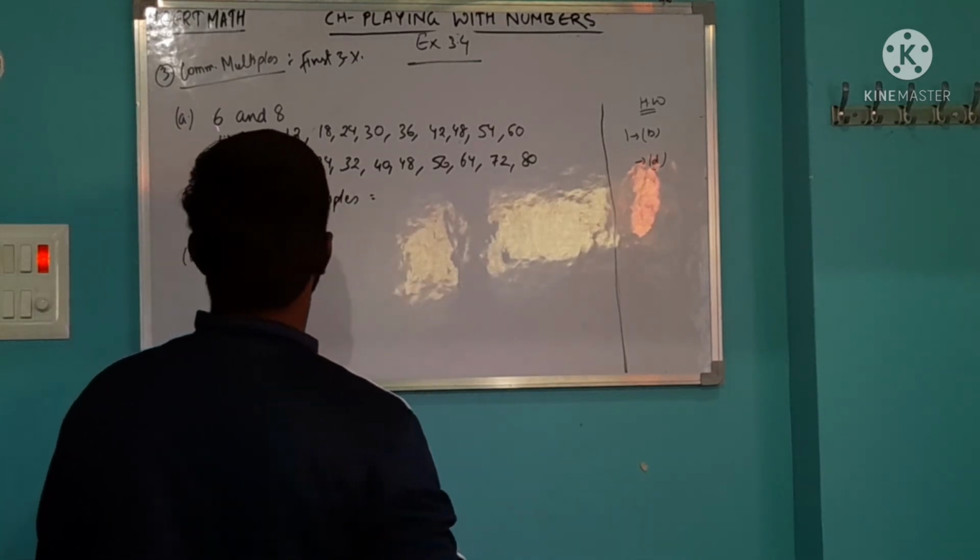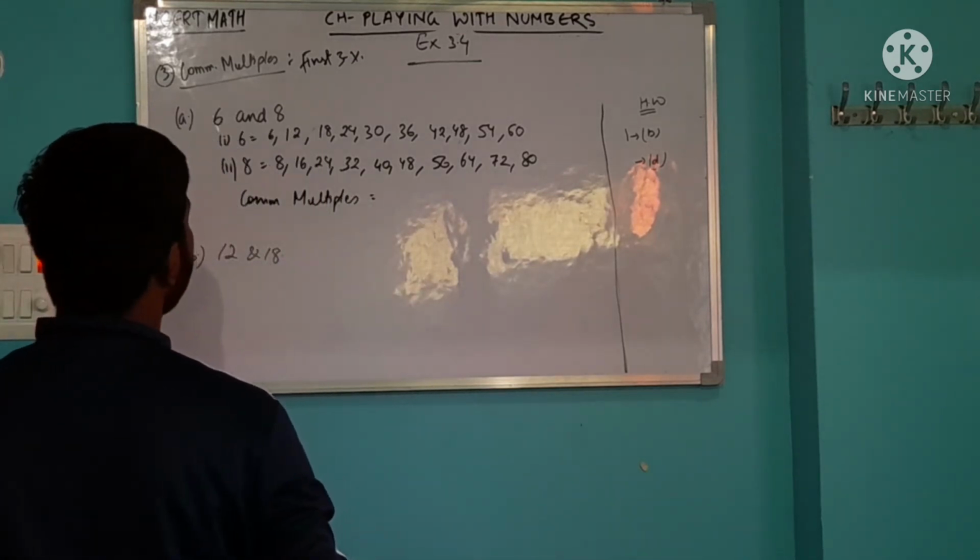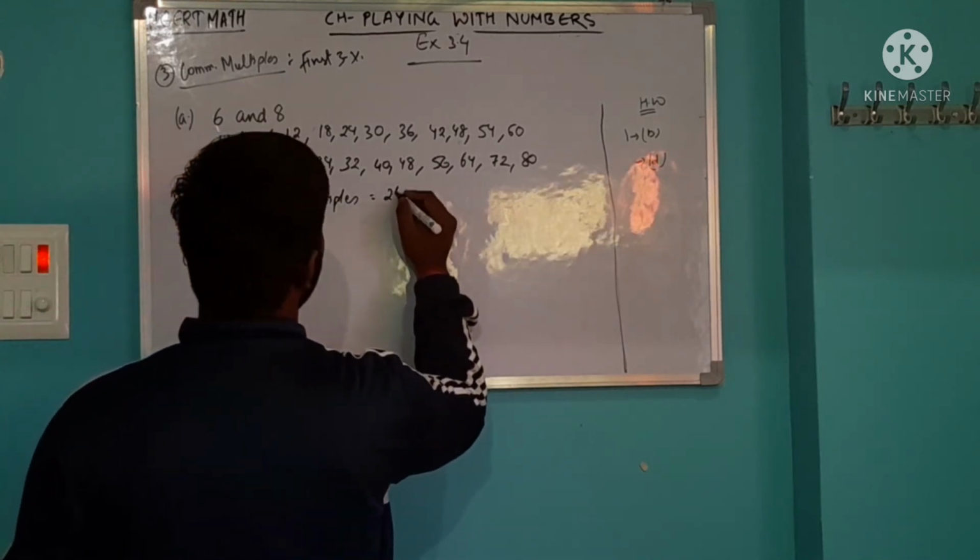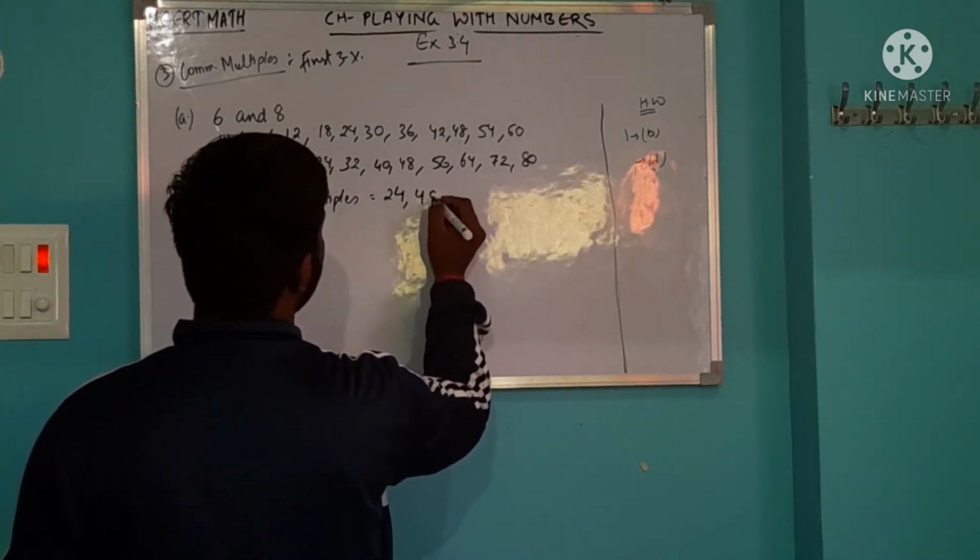So our first term has common multiples 24, 48.